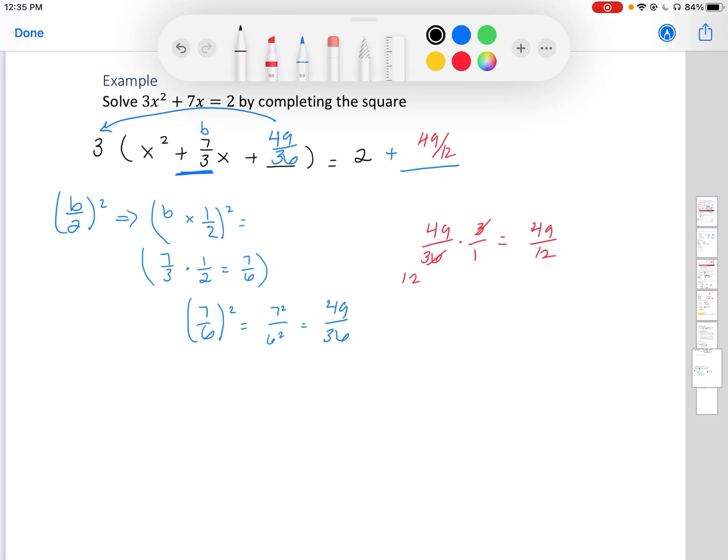Alrighty. Now, remember when we're trying to factor, it's a fraction now. Factoring isn't so pretty. And remember, it's always the number before you square. So you have x plus 7 over 6 squared is equal to 9 plus 49 over 12 plus 2. Let's do that work.